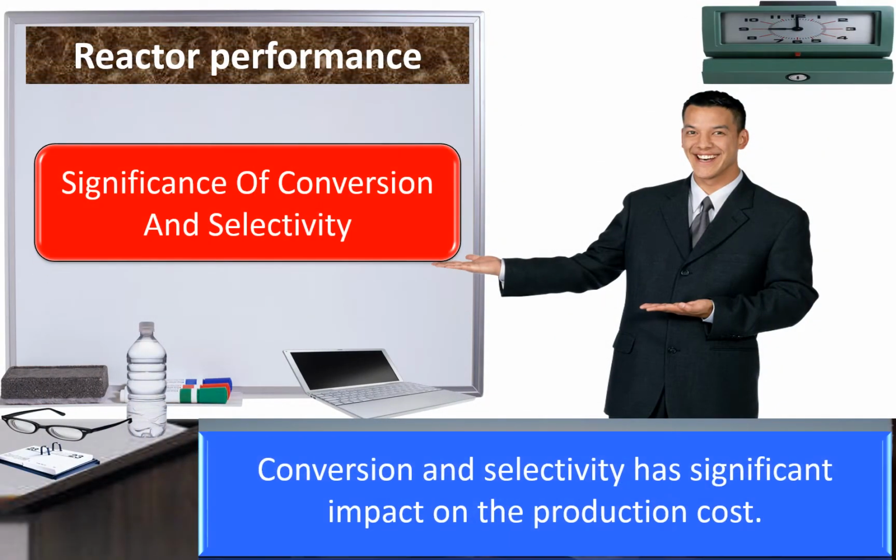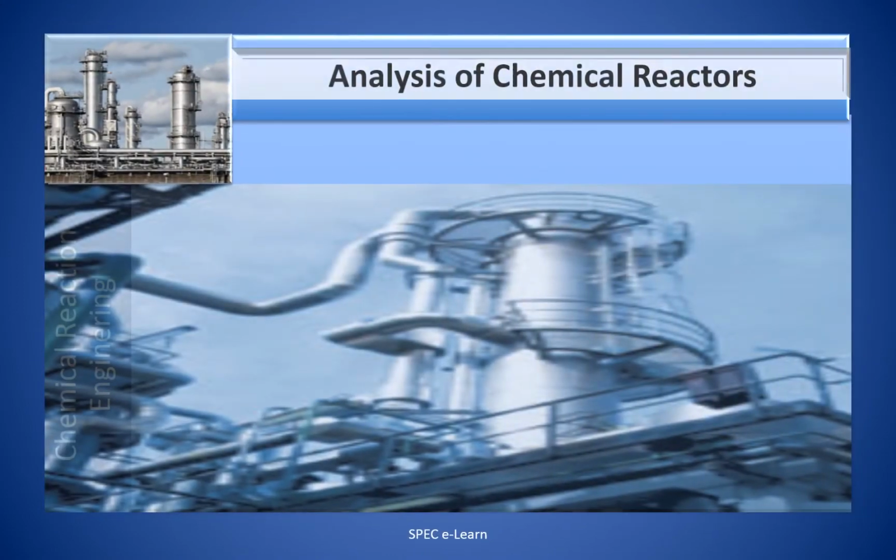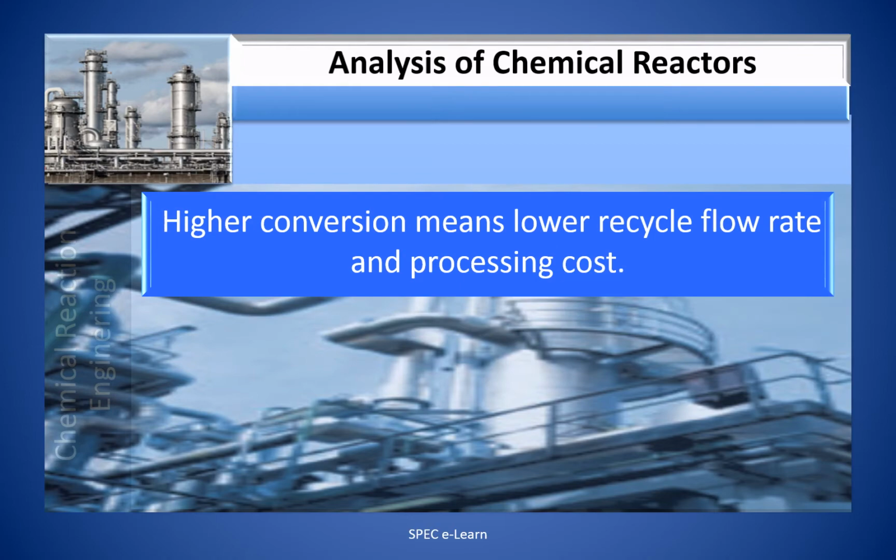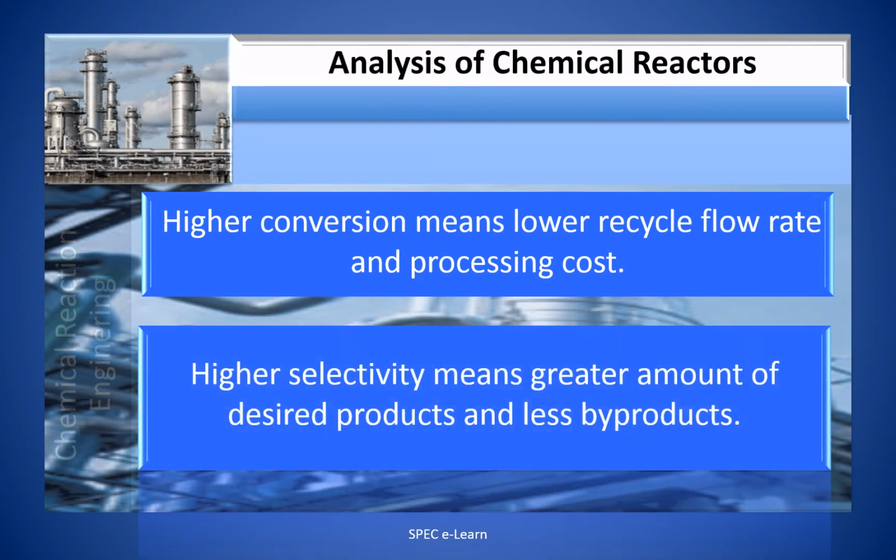Significance of conversion and selectivity. Conversion and selectivity have a significant impact on the production cost. Higher conversion means lower recycle flow rate and processing cost. Higher selectivity means a greater amount of desired products and fewer byproducts.